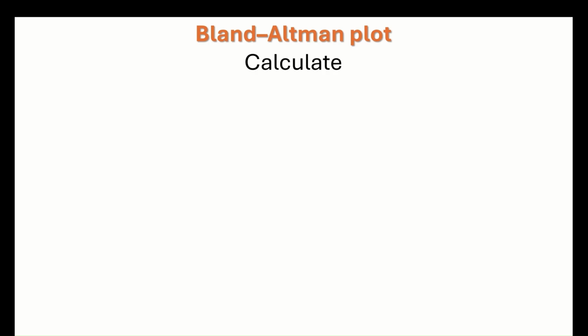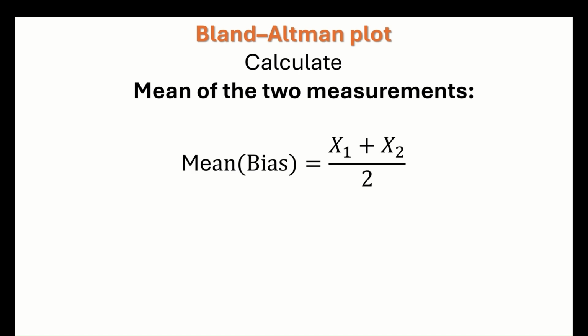So how do we plot the graph? First of all, we need to calculate the systematic bias, or the mean difference. The mean of the two measurements can be calculated by adding the score from the first measurement and the score from the second measurement and dividing that by 2.